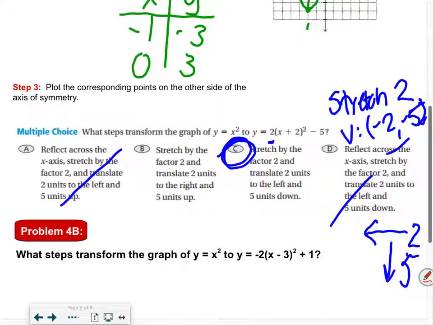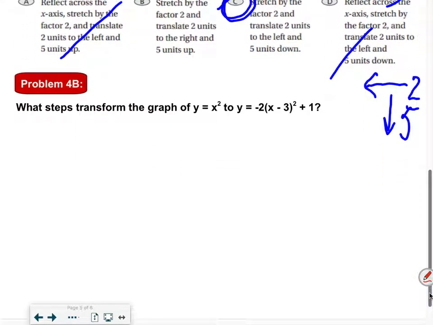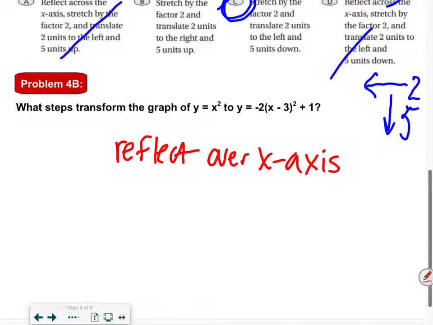Okay, next one we gotta come up with it all on our own. Do I have a negative up front? Yes. What does it mean? It means it reflects over the x-axis.